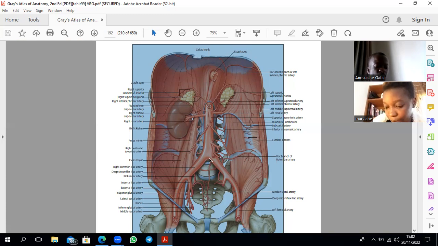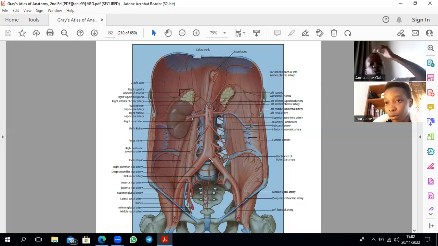Okay. So there is right common iliac. If it's right, that means there's a left. So right common iliac and left common iliac. If this one is right and this one is left, that means the other one is central.